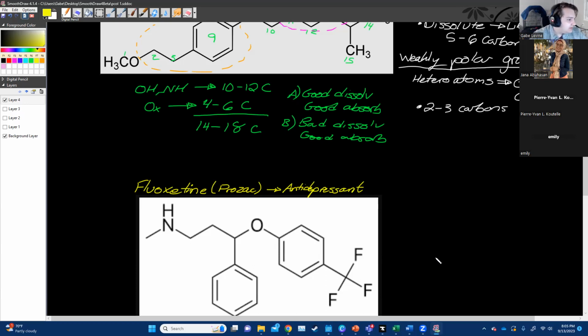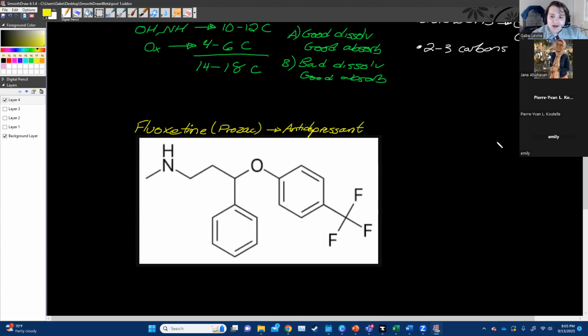What do people think? Yeah, CNS, the brain, something like that. And so for drugs that need to cross the blood-brain barrier, you need to be super lipophilic.